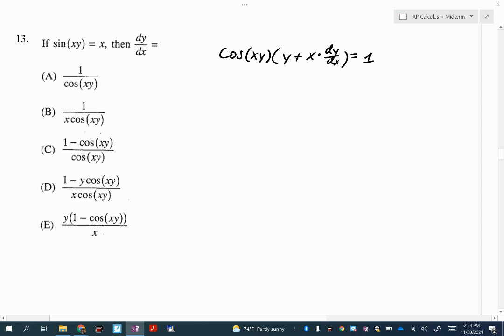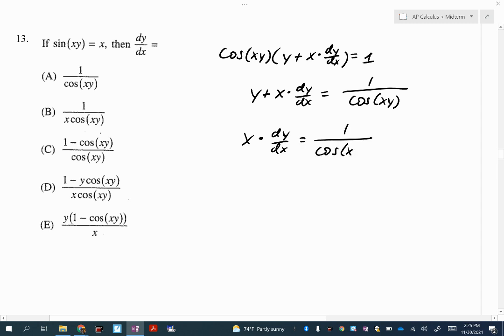Okay, I'm going to move over some stuff with division. So I have y plus x times dy/dx equals 1 over the cosine of xy. I'm going to subtract that y over. So it's going to be 1 over the cosine of xy minus y.